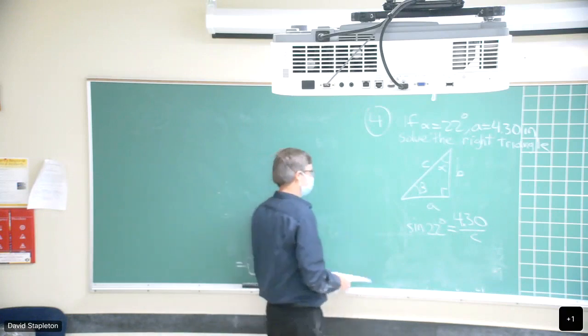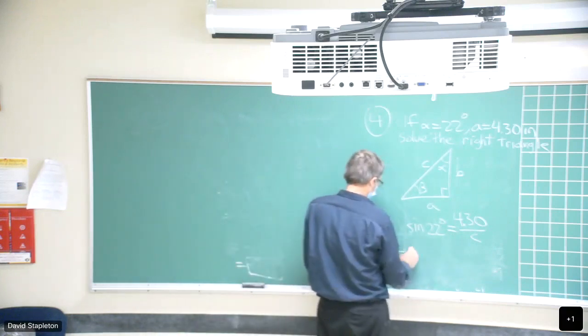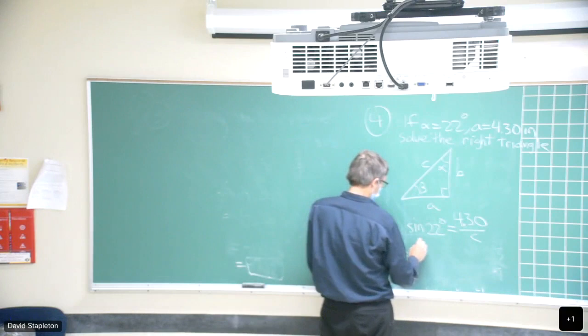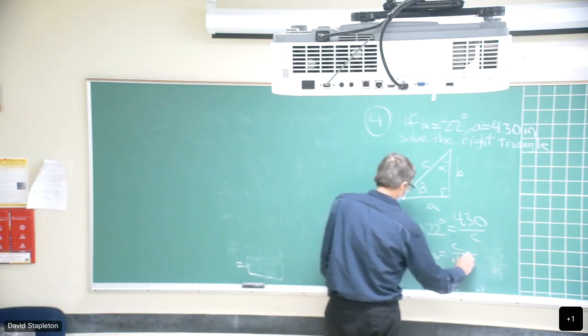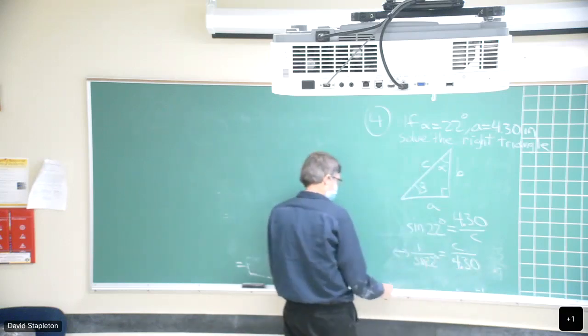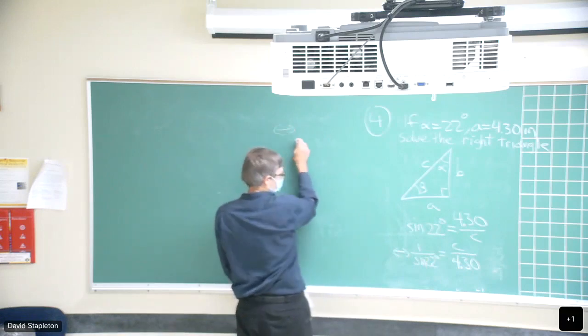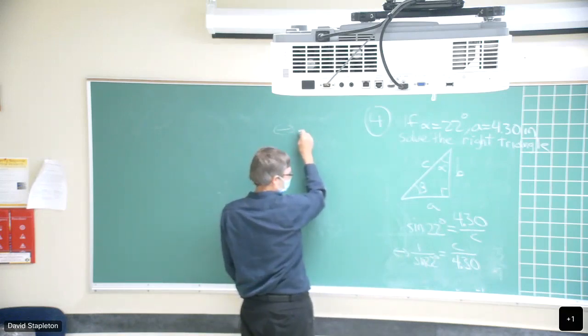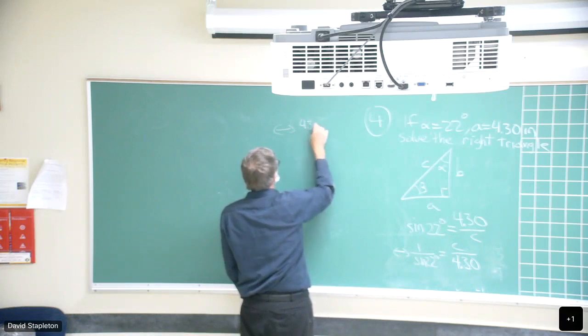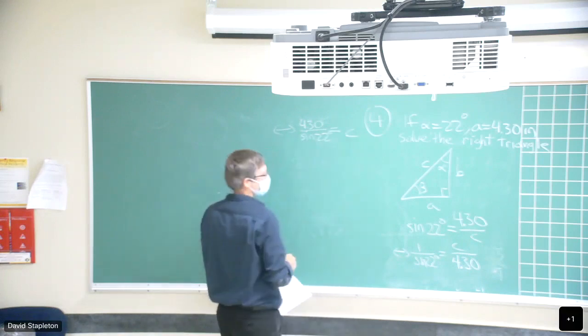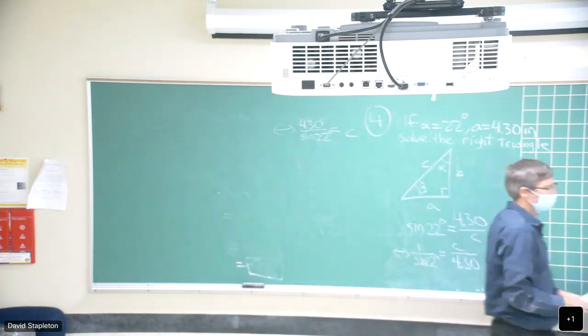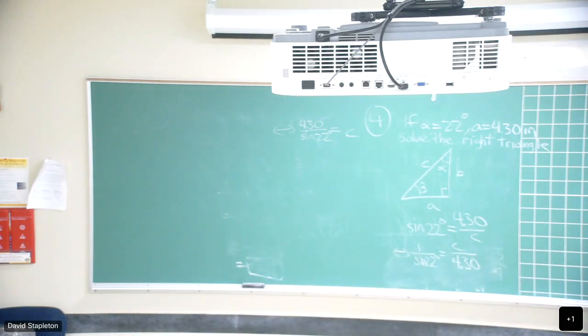Now these 2 are equal, so their reciprocals are equal. Therefore 1 over sine 22 degrees equals C over 4.30. I did that so I can solve for C. This becomes equivalently C equals 4.30 over the sine of 22 degrees. So I can run that in my calculator, making sure it's in degrees mode, right?